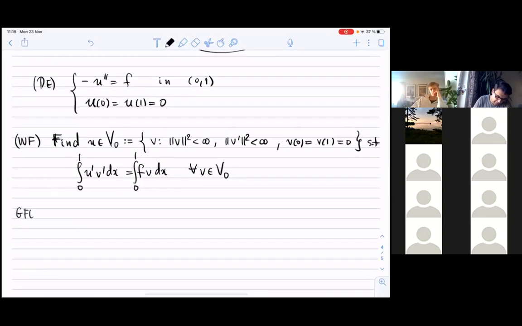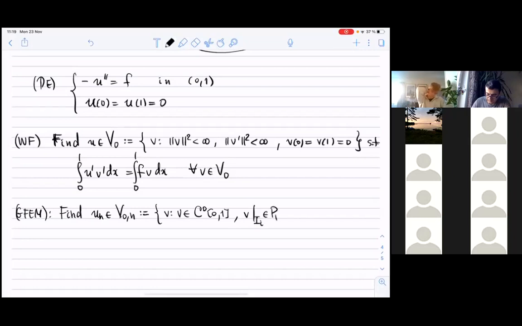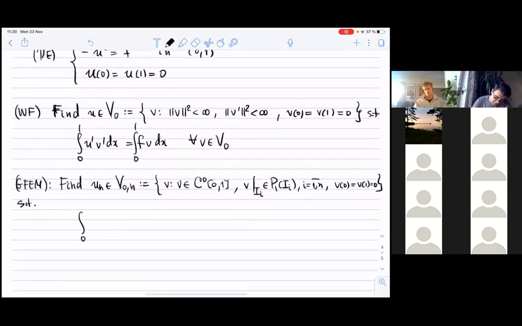Then we write the Galerkin finite element approximation, which reads: find u_h from V0h, those elements where v is continuous on the interval 0 to 1, the restriction of v on every element is a polynomial of degree 1, i equals 1 to n, v(0) = v(1) = 0, such that the same formulation holds for this finite dimensional space: the integral of u_h prime v prime dx equals the integral of f v dx for all v from V0h.